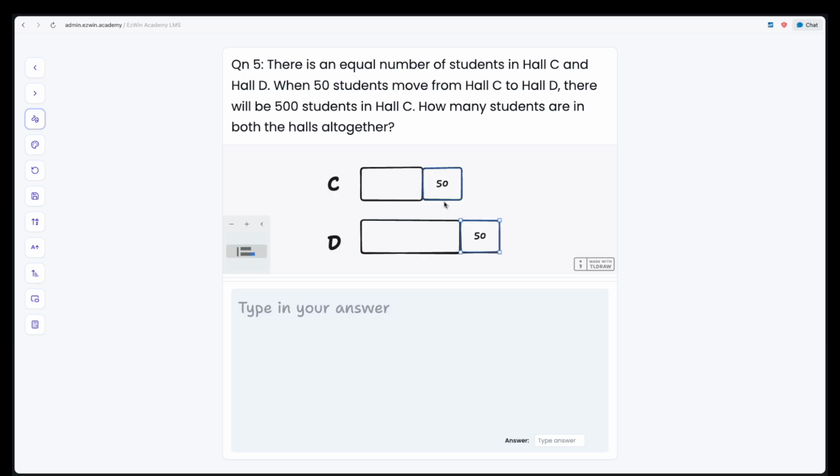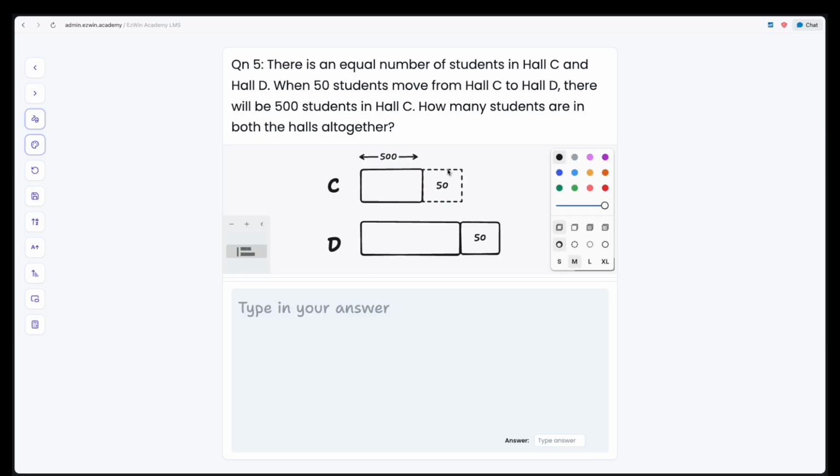So Hall C will no longer be available, that's why we put the dotted line. When 50 students move from Hall C to Hall D, what is left over here is 500. How many students were there in both halls together?